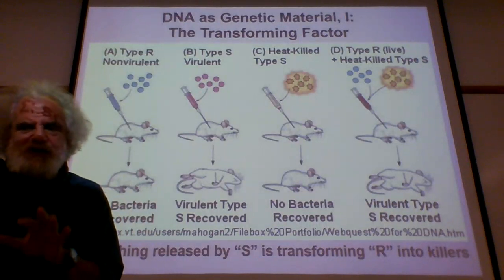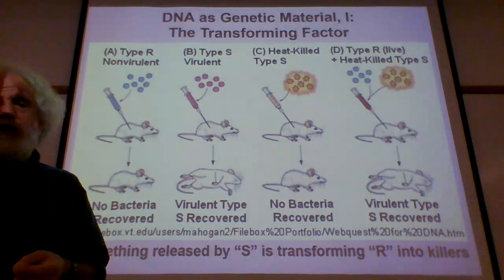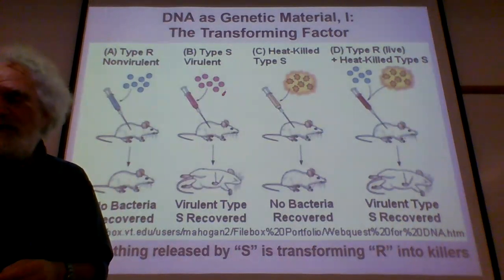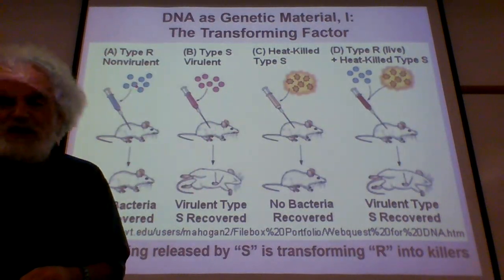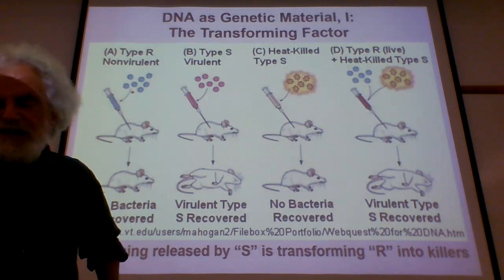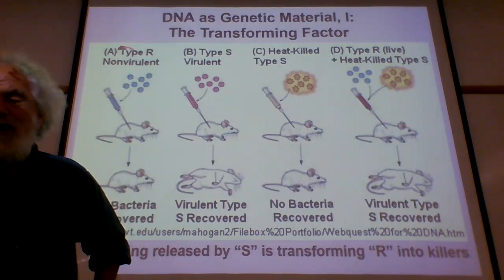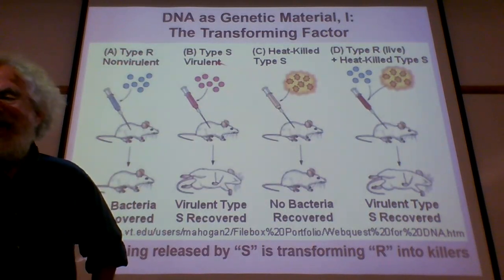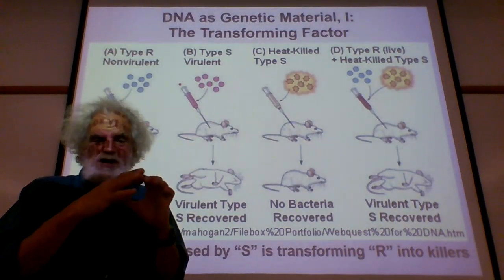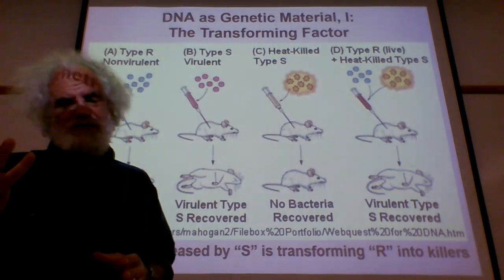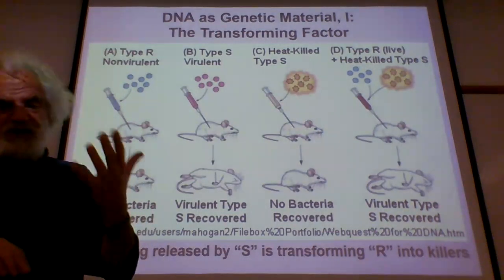He has two different strains of a pneumococcus bacteria: one will cause a little mouse to die, and one will cause the mouse to not have any bacterial growth and to get up and walk away. We have the type R, which is non-virulent, and then we have the type S, which is virulent. It turns out R is missing the candy coating around the cell, which is what serves as a toxin. S has the candy coating, the peptidoglycan coating, and it is quite virulent.